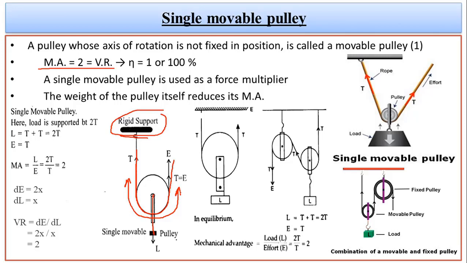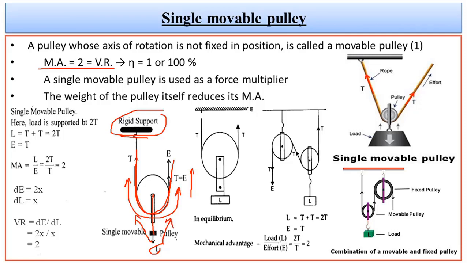When you move the effort, you find that the load moves with the pulley because the load and the pulley are both balanced by the same string. So you can say the load gets distributed over both ends of the string, which balances it out.